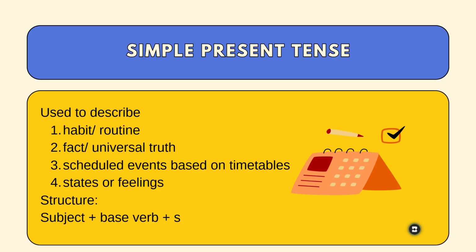The structure that you will have to use for simple present tense is this: subject, which is about whom or what we are talking about in the sentence, the base verb, plus s if it is a singular subject, and if it is a plural subject you need not add an s to it unless it is I. So, though I is singular, we don't use s along with the verb.